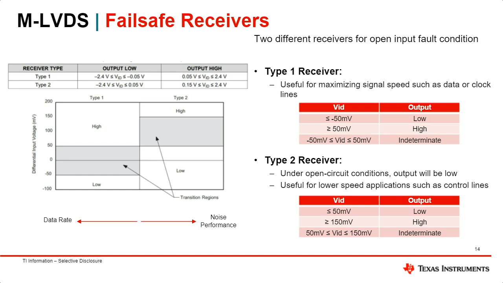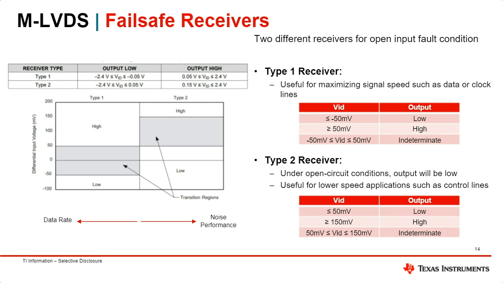The second implementation with the type 2 is it enables you to operate in a wired OR configuration. So in the instance that you have multiple drivers on the multi-point bus and a receiver, if multiple drivers are transmitting high, this will result in a logic high at the receiver. However, if all the drivers are disabled, the receiver output is logic low.